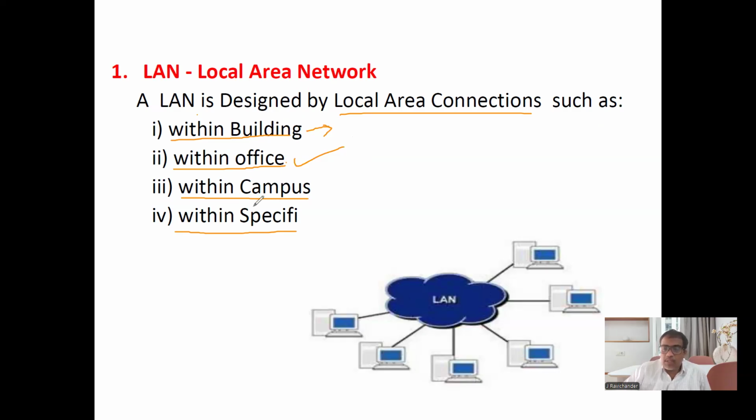Within a campus, university building, or hospital, we can use this local area network within a specified area. This is the local area network diagram. This is one computer, then another computer here. These computers are connected within a network. So these are called local area networks.